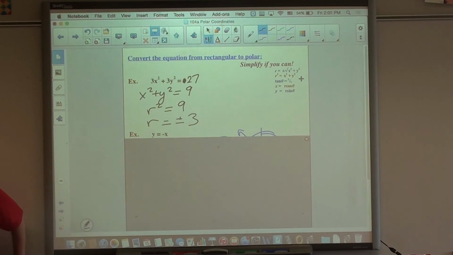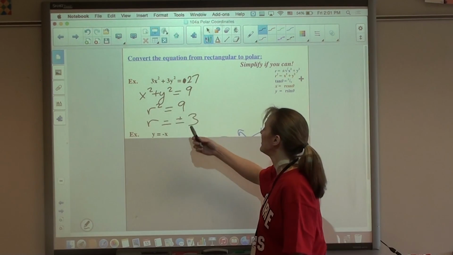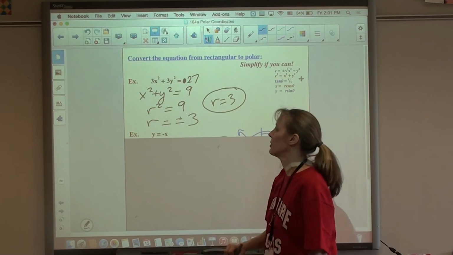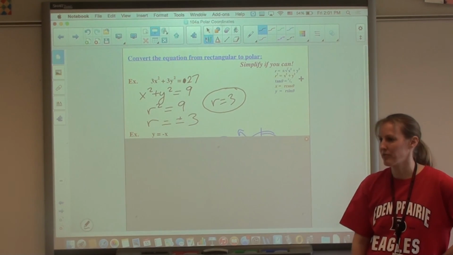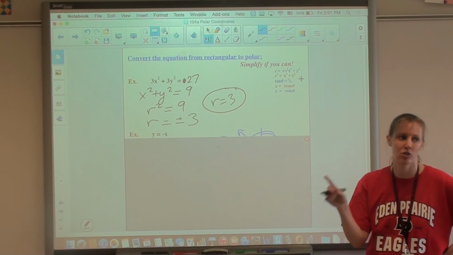Okay. What if you were to graph r equals negative 3? It would still be a circle. It's the exact same graph, right? So if you need to convert this to polar, you could actually just write r equals 3 and you'd be equivalent, because it gives you the exact same graph. You don't need the plus or minus, because if you graph both plus and minus, you're just graphing on top of it.